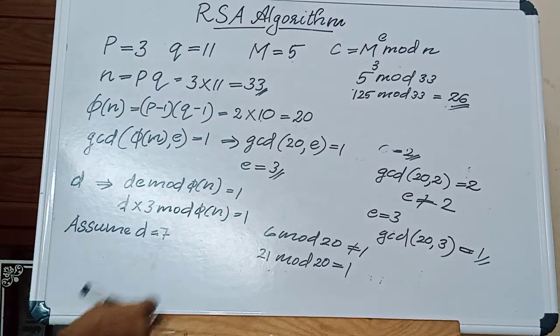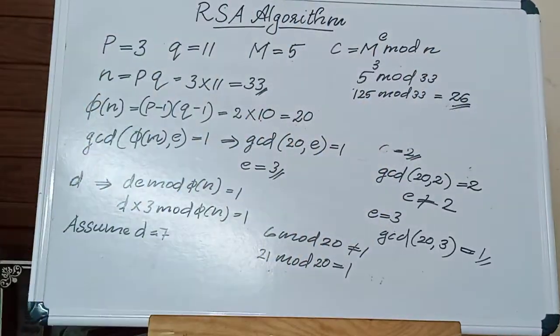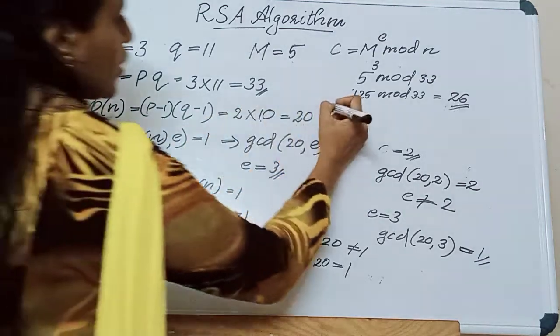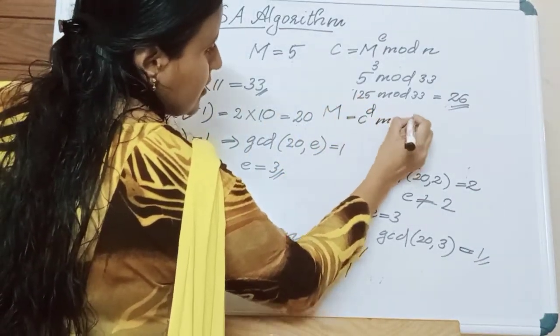Ciphertext is 26. After getting ciphertext, next for performing decryption we can use the formula m is equal to c raised to d mod n.